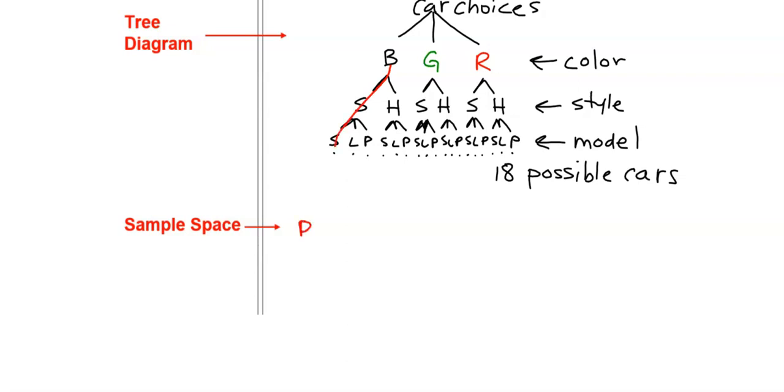So we could have a BSS. That would stand for a black sedan. That is the style or the model S. Okay, or we could have a BSL or a BSP. All right. Then we could have a BHS, a BHL, or a BHP.